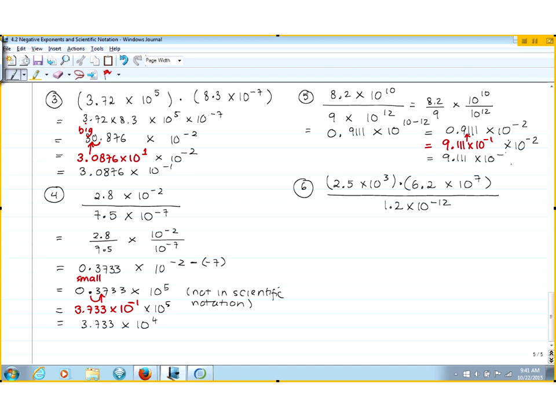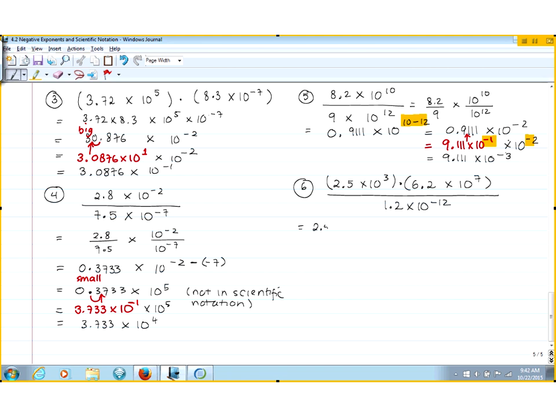What is negative 1 plus negative 2? Negative 3. Yes. So this is in scientific notation. So you add the exponents. Why? Because you multiply. How come you subtract here? Because we divide. If we multiply, we add.